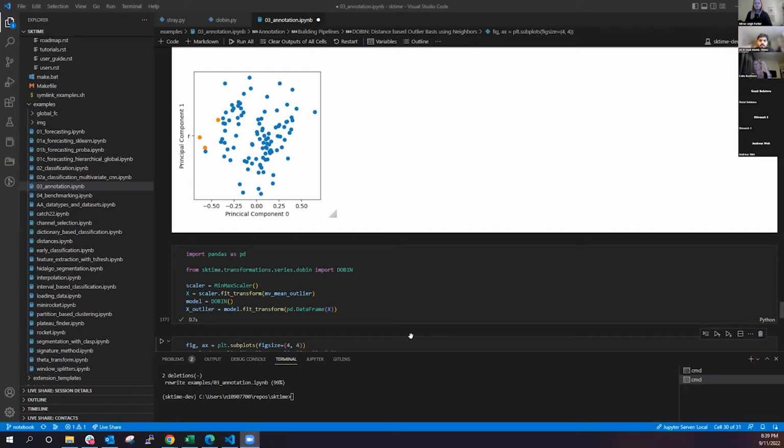And in the case of PCA, the information we'd like to retain is the variance of the data. But in the case of Dobin, the information we'd like to retain with fewer dimensions or basis vectors are the outlierness of points. Although, yeah, it's not an anomaly detection mechanism. It's just a pre-processing step.